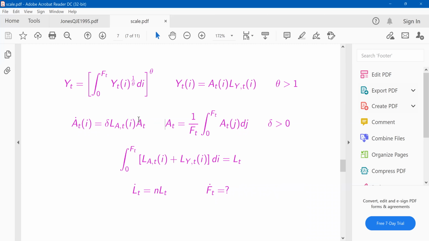One simplification here, which makes a lot of sense, is that the firm level productivity change responds to the average firm level productivities. Why? Because a firm just doesn't use its own state of knowledge to produce new knowledge.